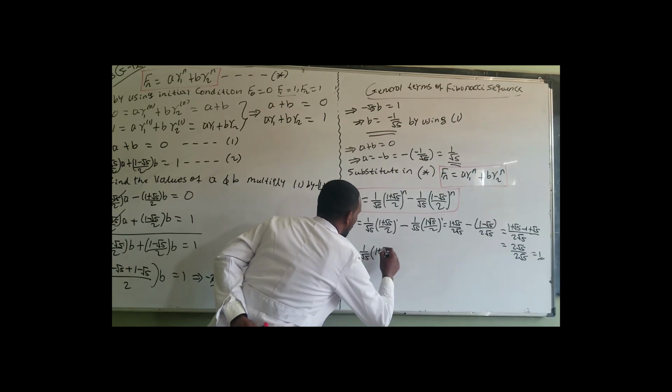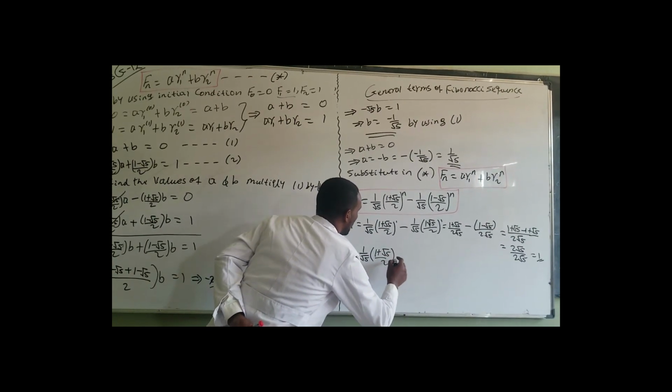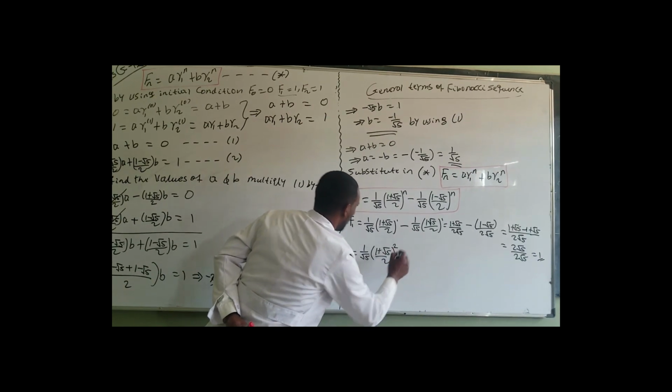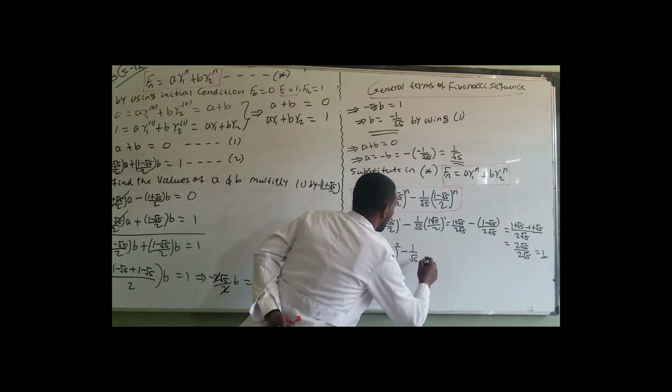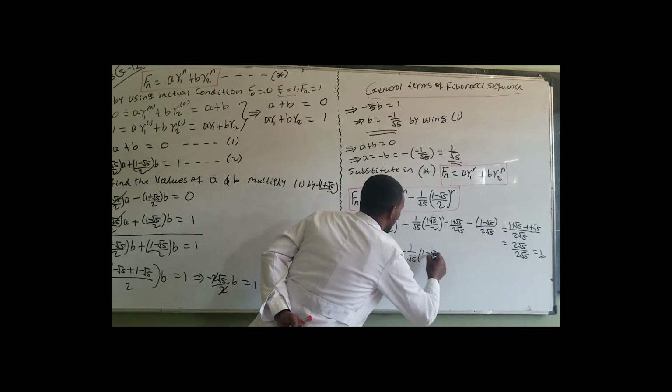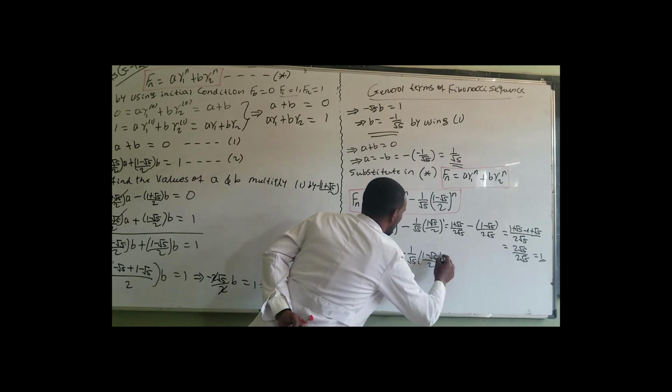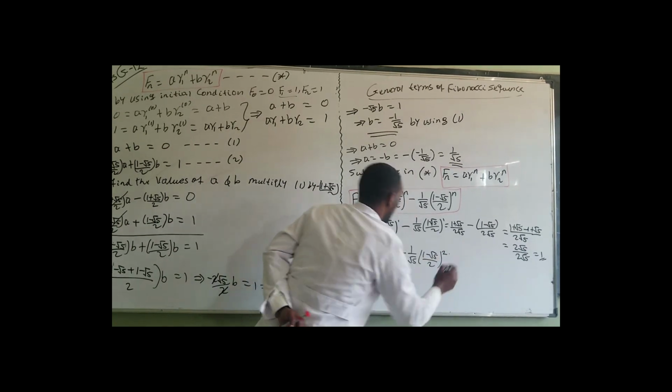1 plus root of 5 over 2 to the power of 2 at the place of n, minus 1 over square root of 5 times 1 minus square root of 5 over 2 to the power of 2.